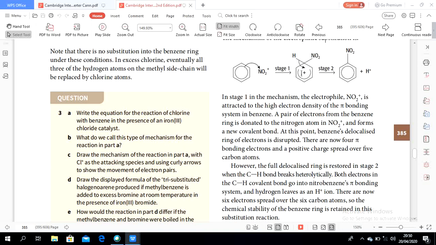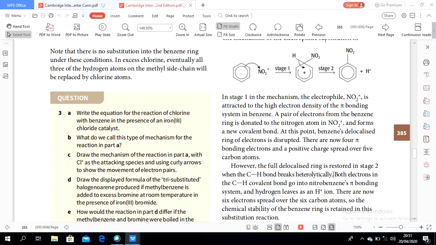This positive charge is spread over 5 carbon atoms. So this is 1, 2, 3, 4, 5. However, the full delocalized ring is restored in stage 2 when the C-H bond breaks heterolytically.